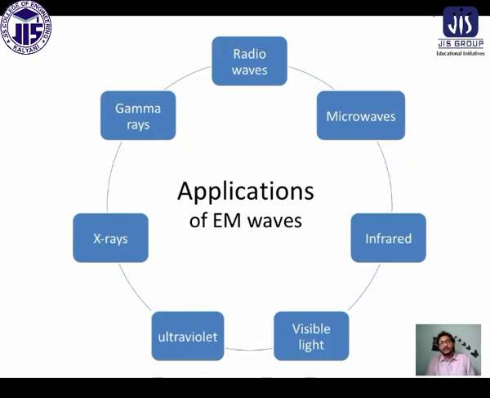And we can refer to these slides as the application of EM waves. Already we have discussed radio waves, microwaves, infrared, visible light, ultraviolet or UV ray, X-ray, gamma ray. All these differentiations are based on their wavelength or their energy.